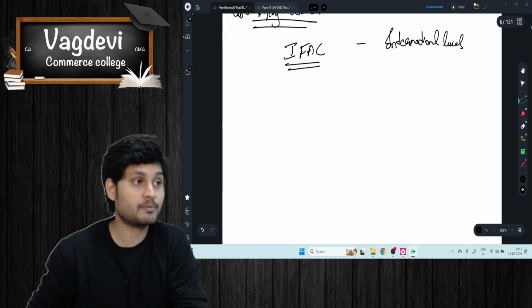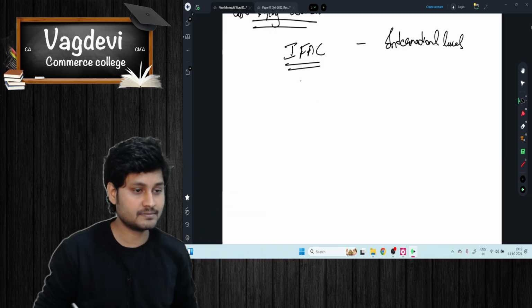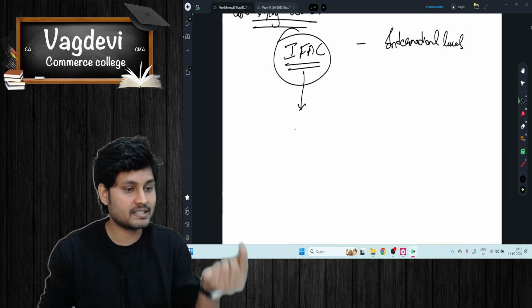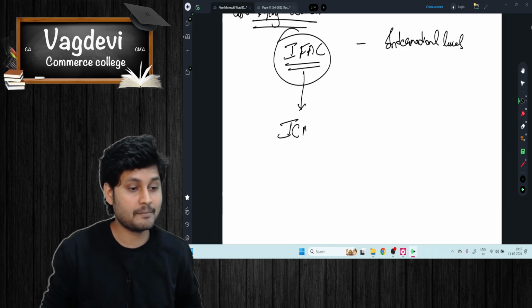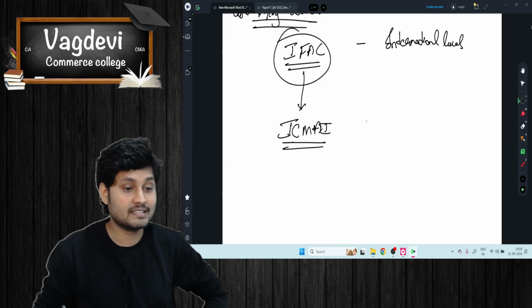However, we are just talking about cost accounting standards formulated in India. In India, one of the members of IFAC is ICMAI. This is national level.